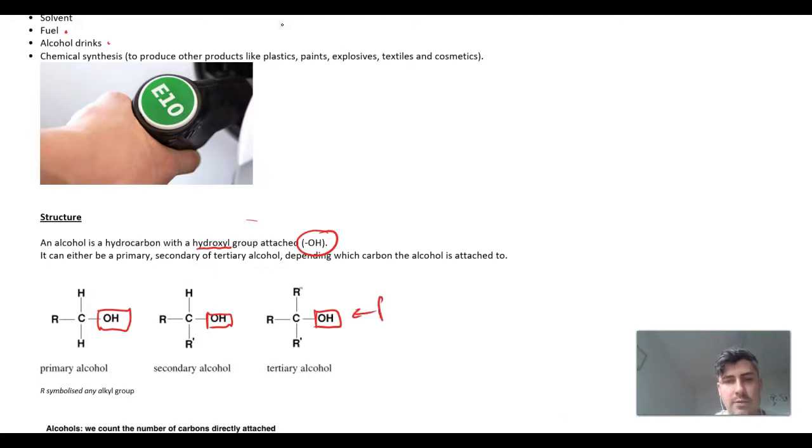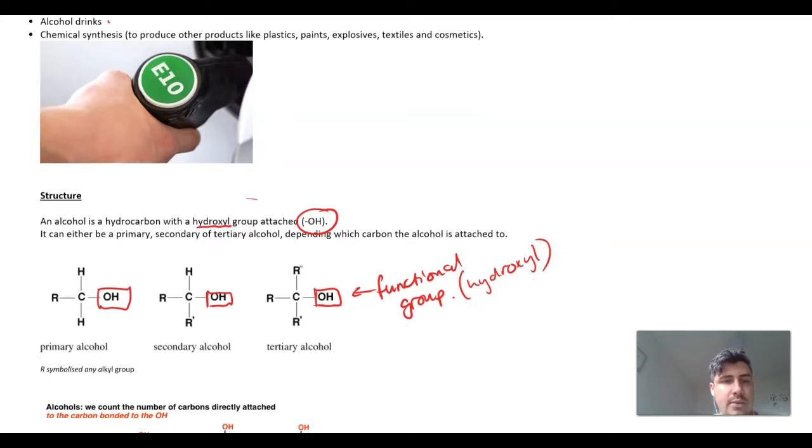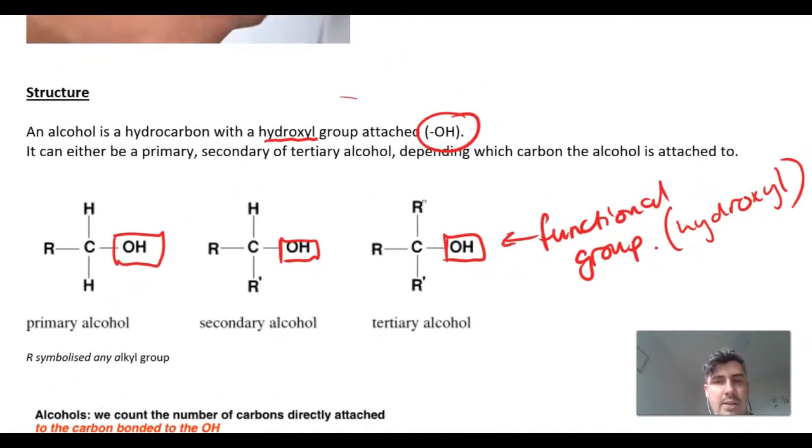Any group attached would be called a functional group, and in this case it's a hydroxyl group for an alcohol. Now you can see here that there are three different ways that it could be attached.